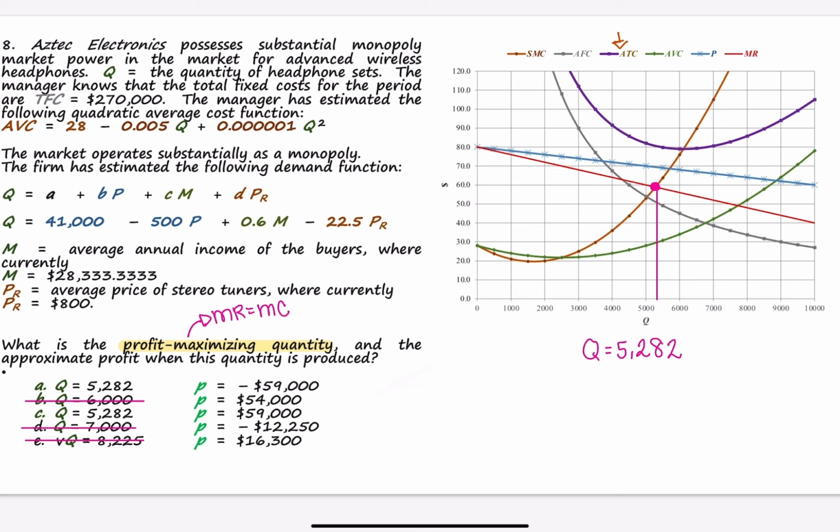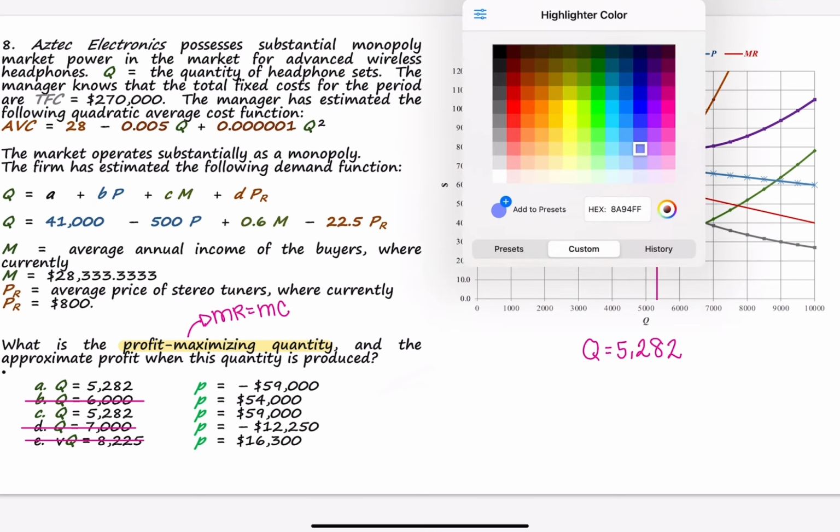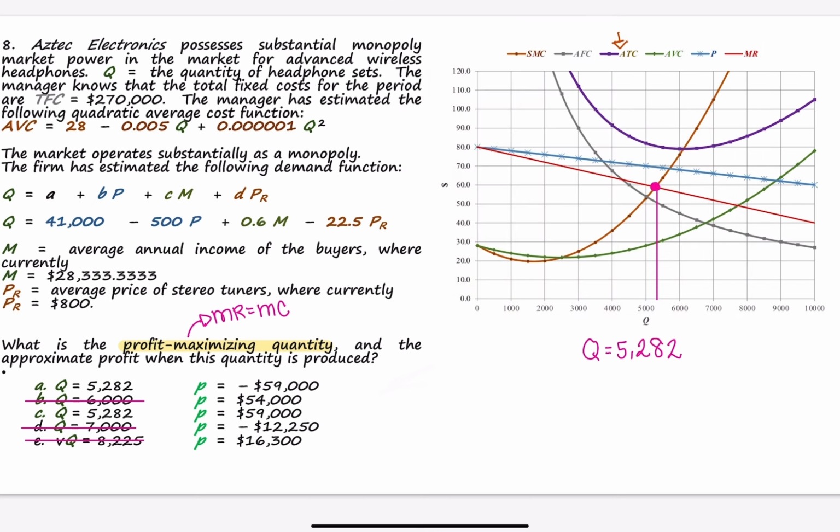And our average total cost curve, which I'm going to highlight in purple so it stands out a little bit more, is right there. Our average total cost is greater than our price at this quantity. That means the firm is losing money or making a negative profit.